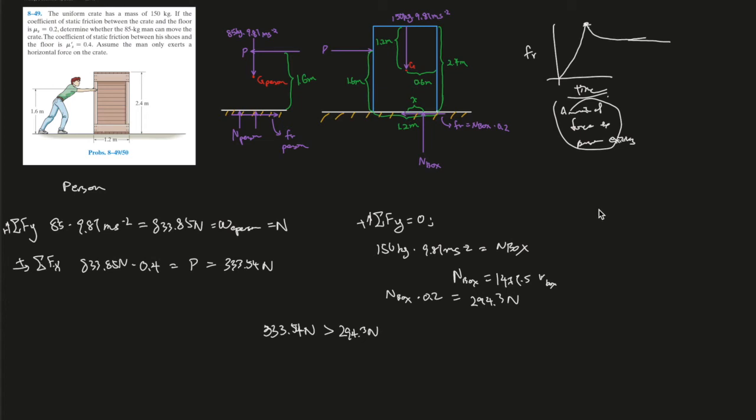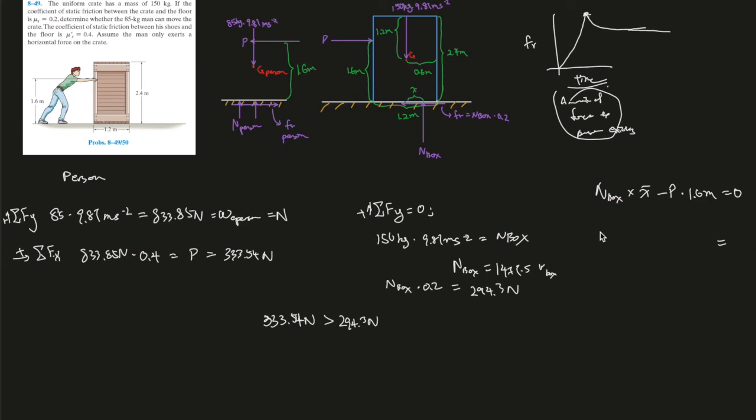So that would be the normal force of the box, and it's some distance over here, times x. Let's just say x. This is going to move in a counterclockwise direction, so that's positive. So minus the P force times 1.6 meters, and this whole thing gives you 0, right?